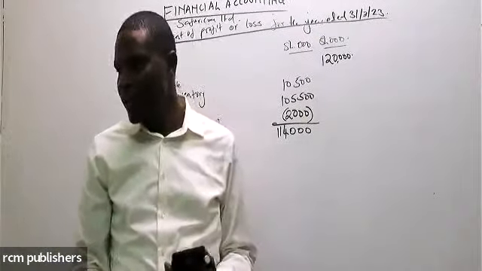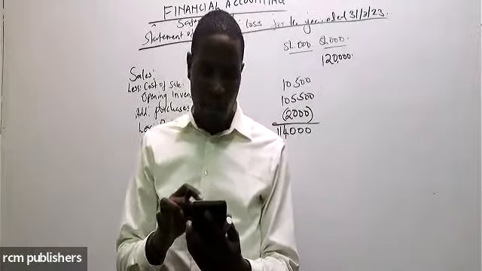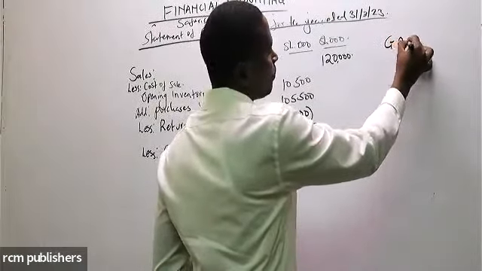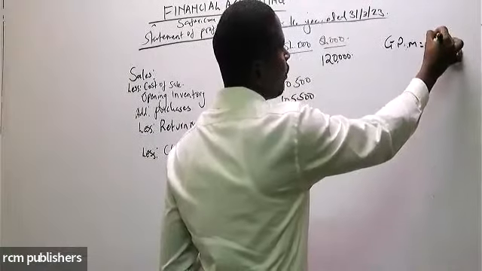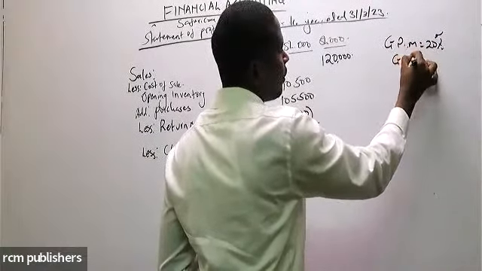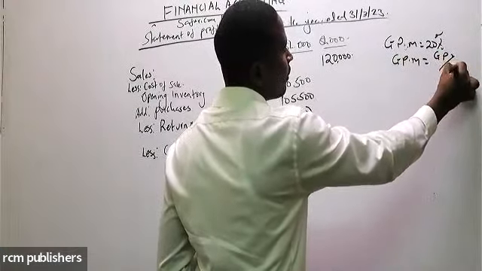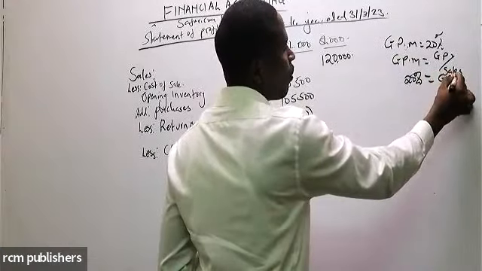In this case, we have been given the gross profit margin. The gross profit margin is 20%. And we know that gross profit margin is given by gross profit over sales. So 20% is equal to gross profit over sales.